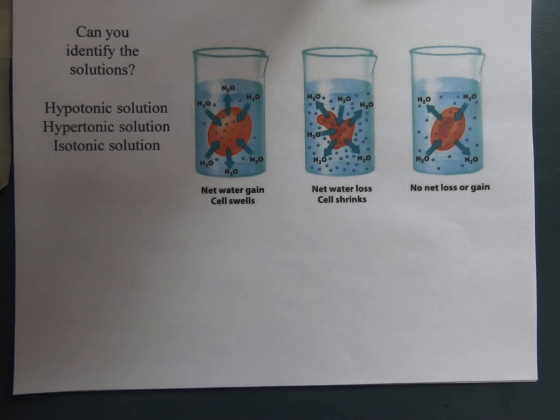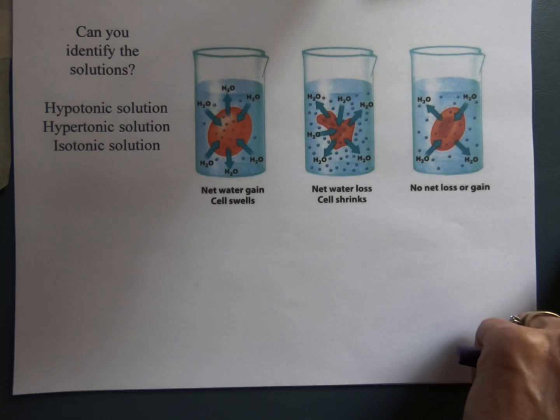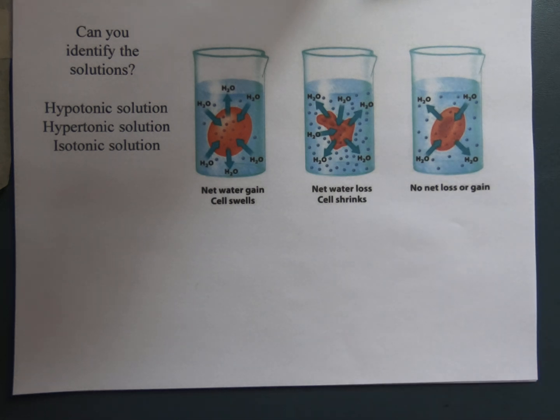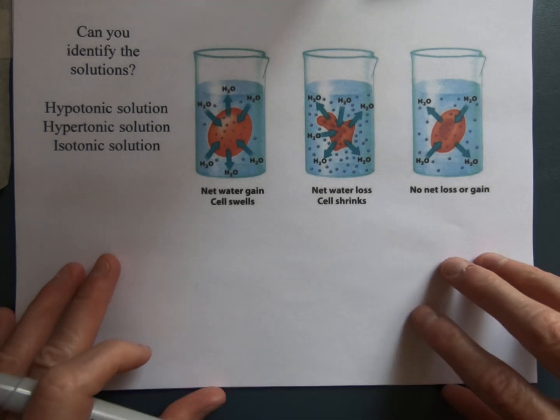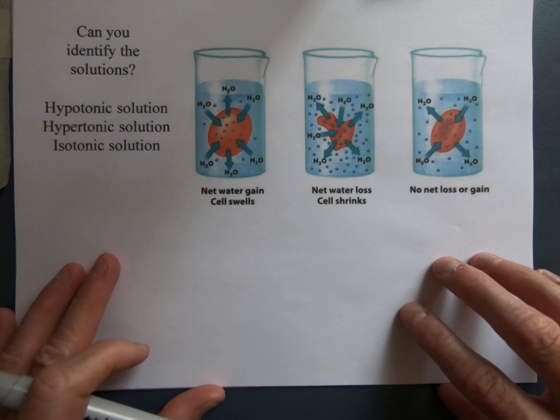Well, here's what we need to know about these terms. These terms are icky, but we need to think about what's happening in a cell when it's placed in different conditions. So we've got a drawing here of 3 different cells, and they're red blood cells, and they're placed into some sort of liquidy, watery condition, right?